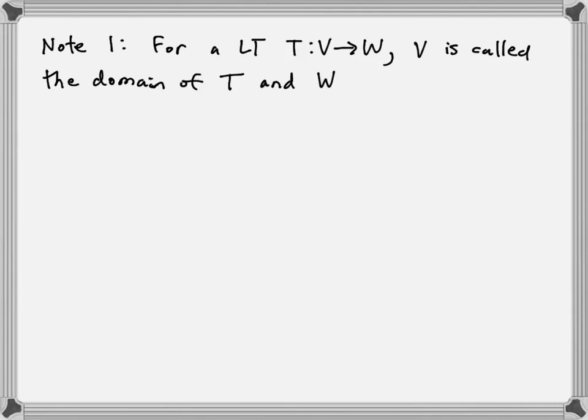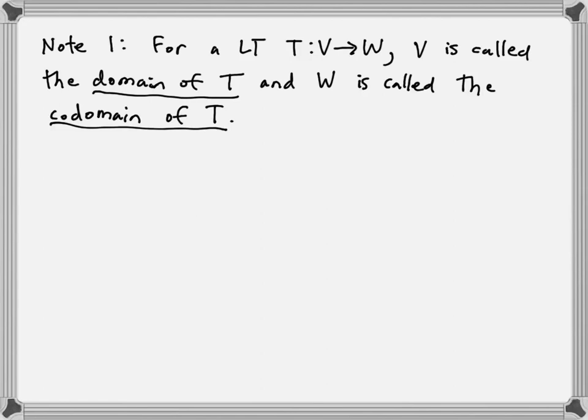And W is called the codomain of T. Okay, so this is what domain and codomain are. They just specify which vector space you're coming from and which one you're going into.